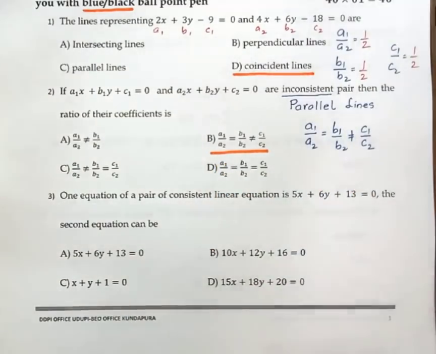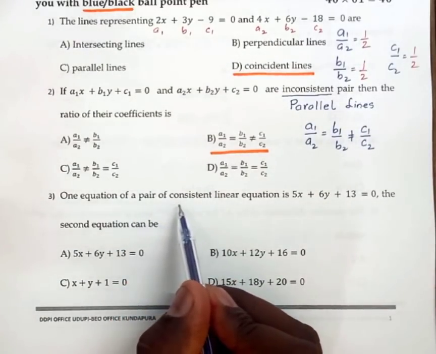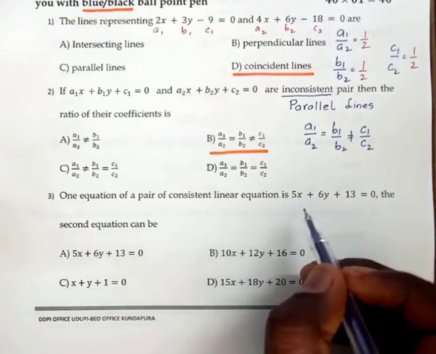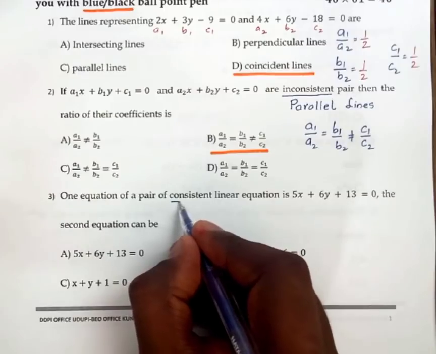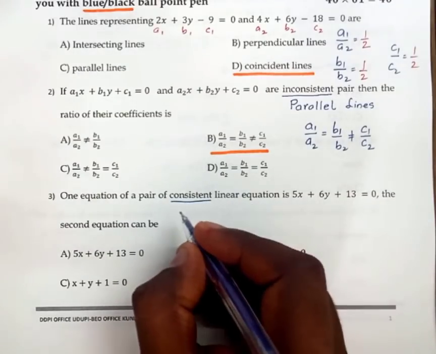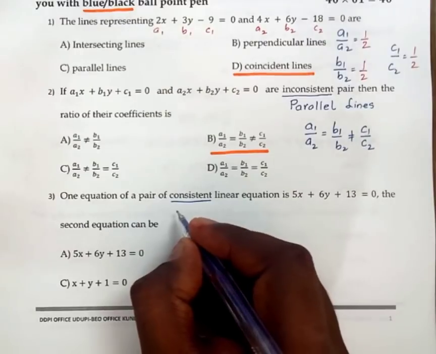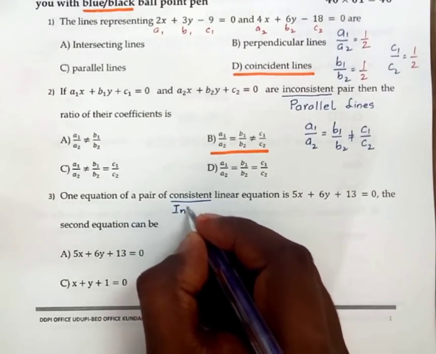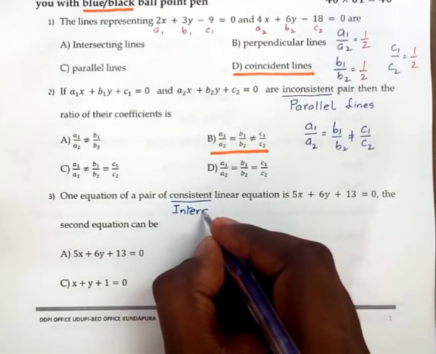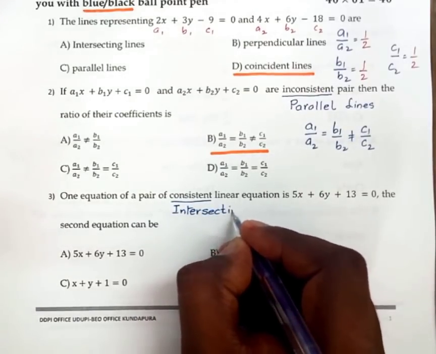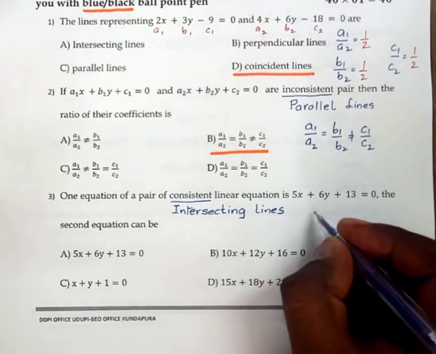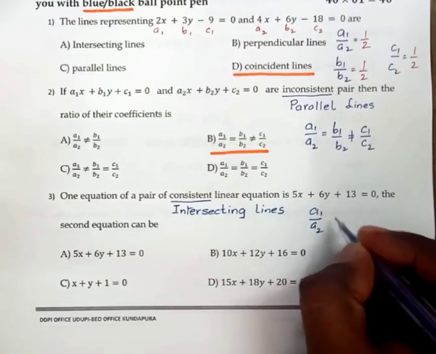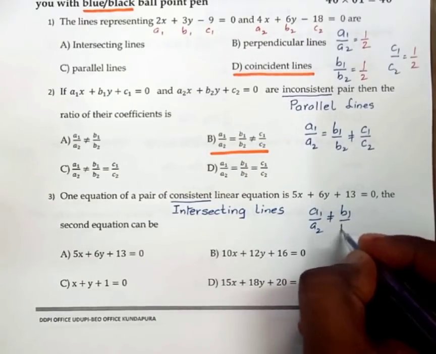Now moving to question number 3. One equation of a pair of consistent linear equations is 5x plus 6y plus 13 equals 0. The second equation can be. What is a consistent linear equation? That means the lines are intersecting, that is, a unique solution. What is the condition for intersecting lines? a1 by a2 is not equal to b1 by b2.